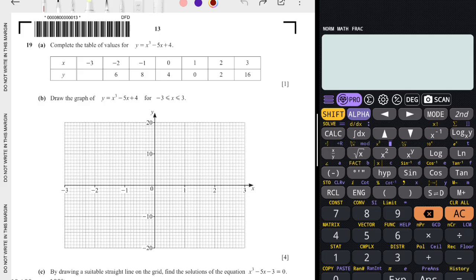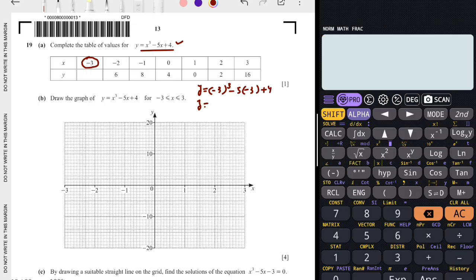Question number 19. Complete the table values for y is equal to x cube minus 5x plus 4. First of all, we have to complete the table. We are going to substitute the given value of x, that is minus 3, in place of x in this equation. So let us substitute values. y is equal to minus 3 cube minus 5 times minus 3 plus 4.